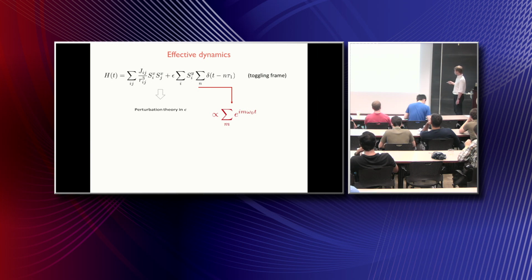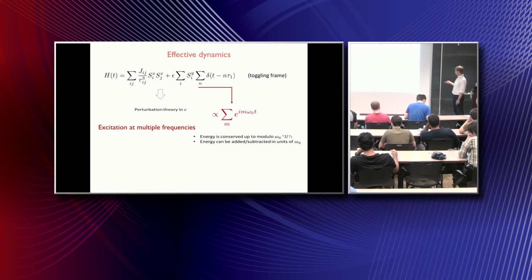What you see here is that you can think about this periodic sequence of delta functions as a periodic driving, which is not sinusoidal but has a lot of frequency components. This omega 0 is basically the inverse of the period. This excitation at multiple frequencies plays an important role, because it's a periodically driven, so-called Floquet system.